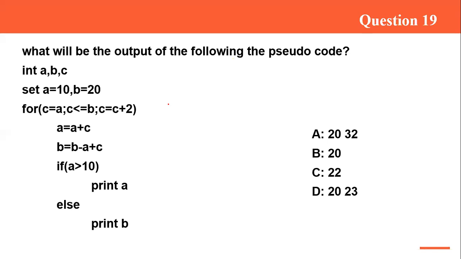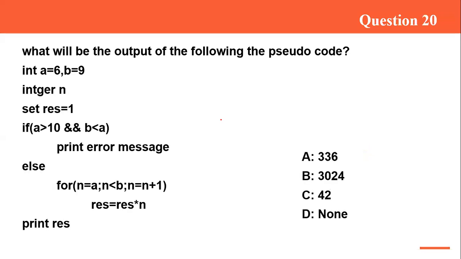Fine. 20 or 22? I think this question was done in the first question or second question. 20 is the answer, it seems. It's already done, it seems, boys and girls. Moving on to the next one. If it's done, why waste time? Let's move on to the next one. Okay, going to the next question. Try this question, everyone.